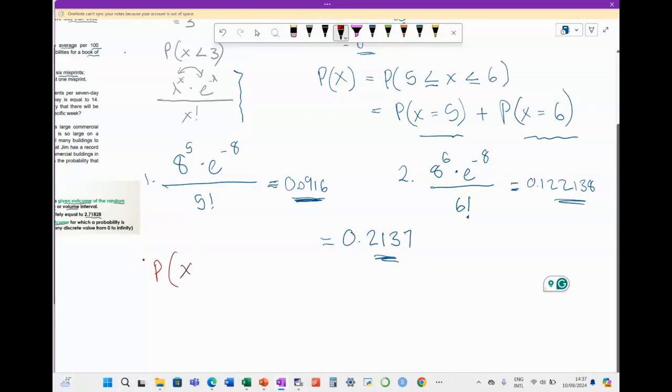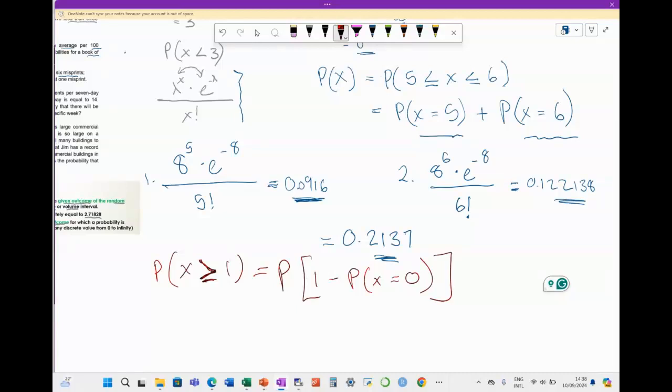So we're saying the probability of X being at least 1, or greater. Which is the same as 1 minus the probability of X equal to 0. Because we're happy with any other value that is 1 and more.